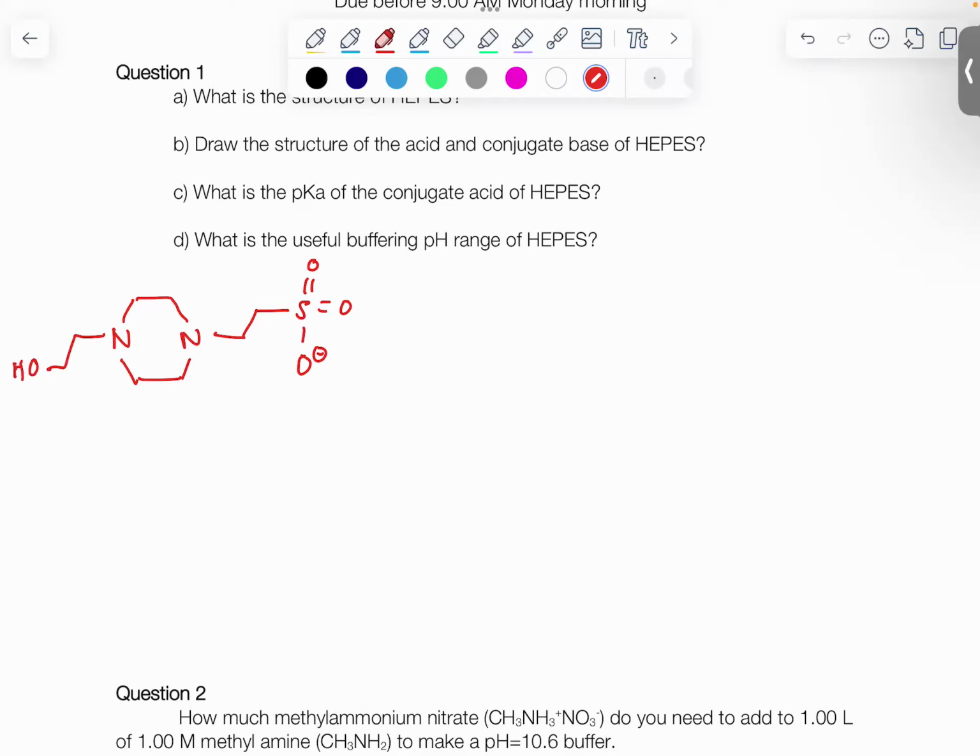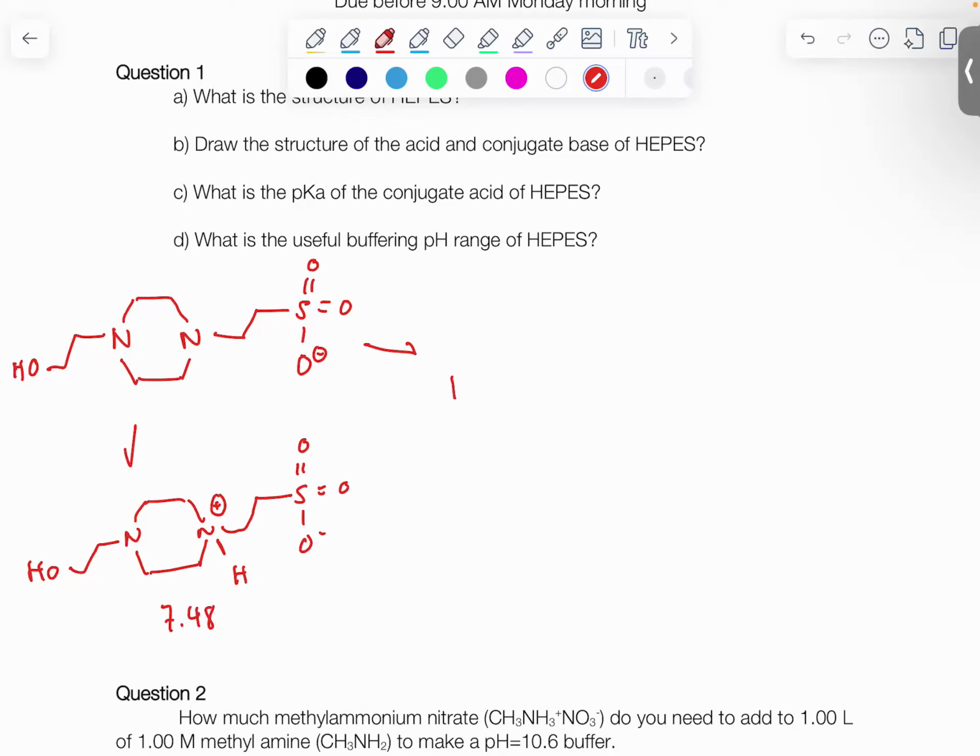So the structure of heat is this. And our conjugate acid and base, or the acid itself and the conjugate base, we are going to have a protonated amine as our acid, and the pKa of that is 7.48.